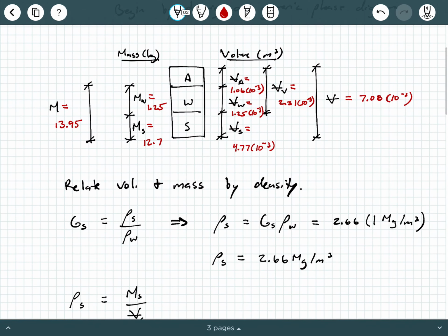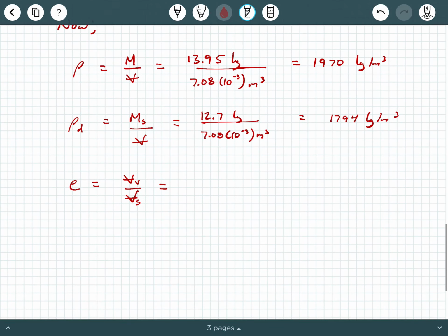Let's go to the phase diagram. Here it is, 2.31 times 10 to the minus 3 over 4.77 times 10 to the minus 3, so 2.31 divided by 4.77. So I get 0.484, and that's unitless, right?